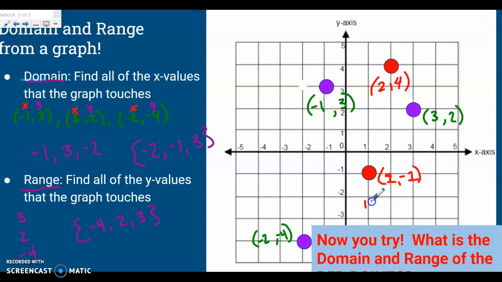So the domain would be 1 and 4, and our range would be -1 and 4. I'm sorry, our domain would be 1 and 2, our first number.